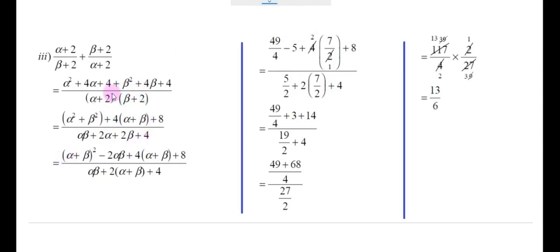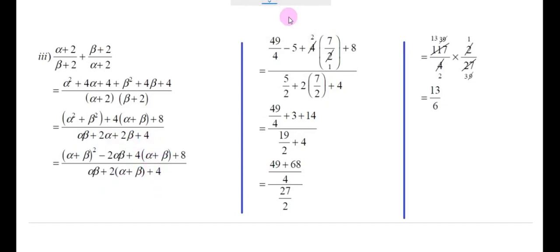Then alpha square plus beta square, this we know, alpha plus beta the whole square minus 2ab, plus 4 into alpha plus beta plus 8, okay, whole divided by alpha beta plus, here 2 common, so we should take 2 outside, so plus 2 into alpha plus beta, now plus 4.